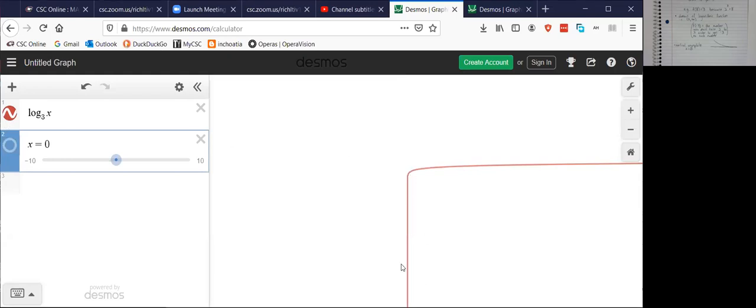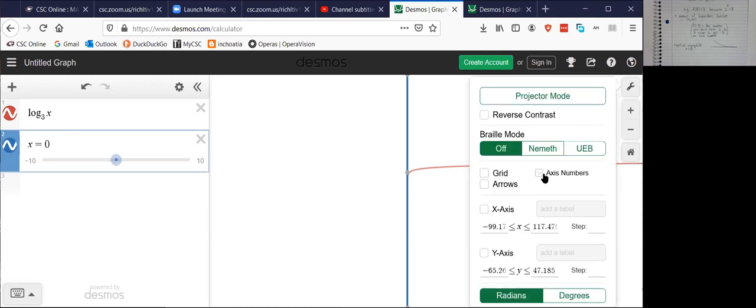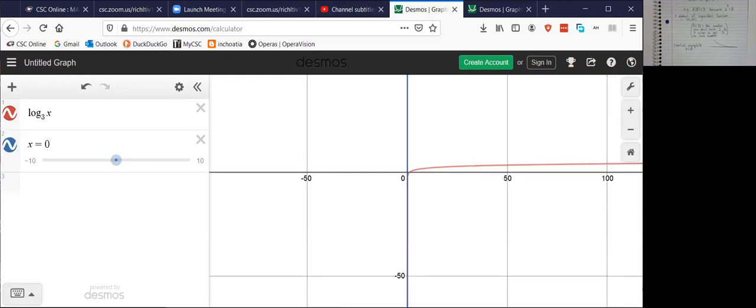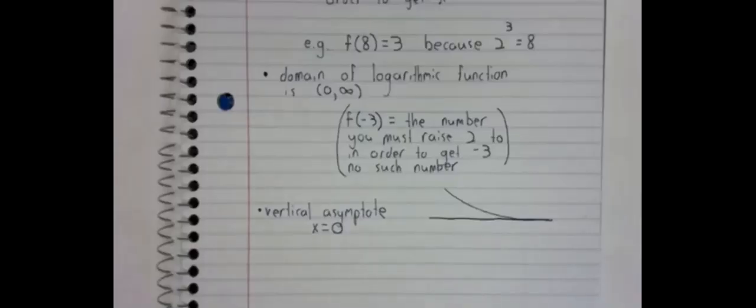They both just look like vertical lines. Let me bring the axes back.